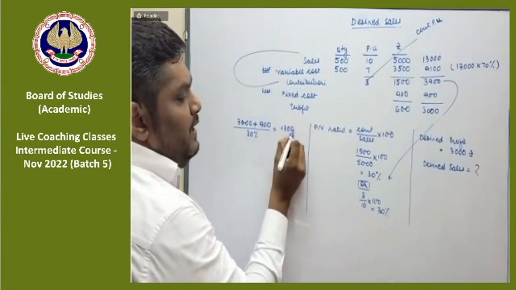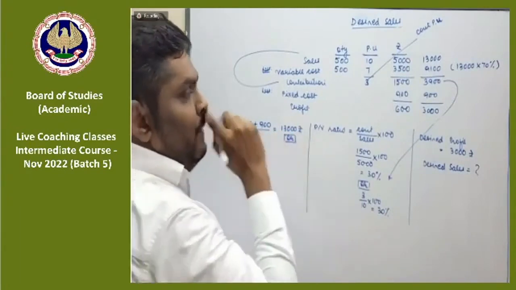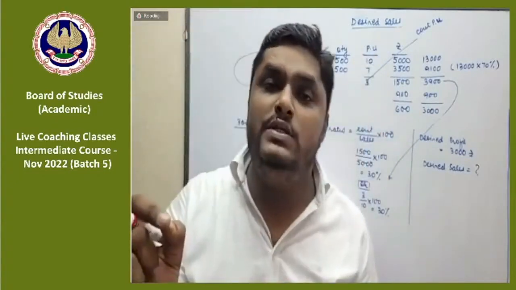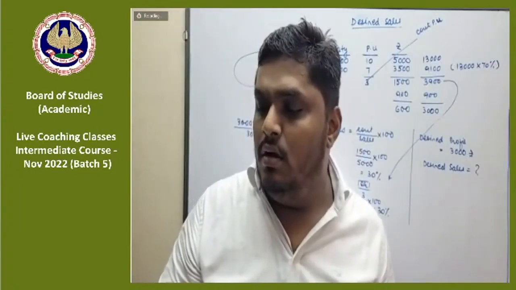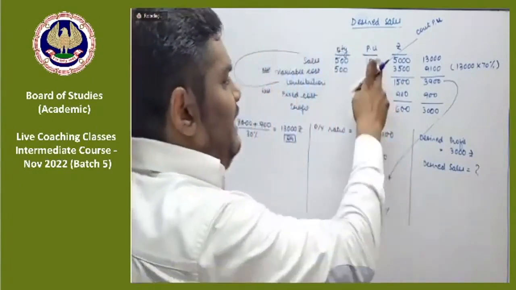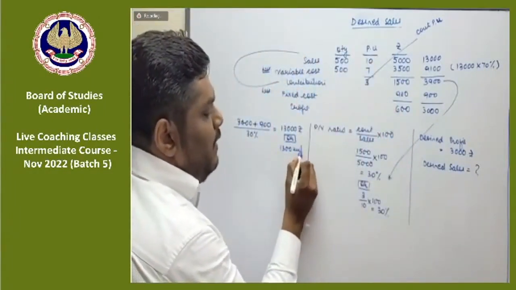So this will be 13,000 rupees. Or we can say, 1 unit is sold at the rate of rupees 10. So 1300 units of sales are required.